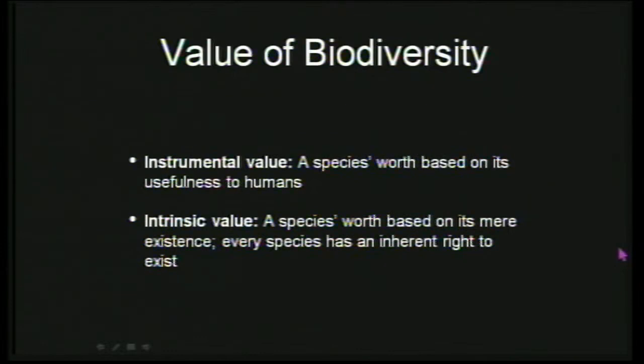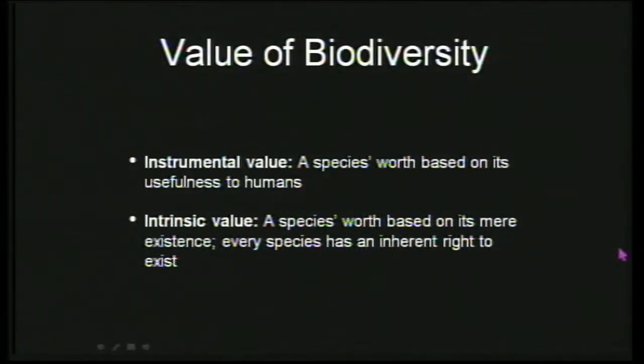Instrumental values are those that we consider useful for humans. Whatever is useful to us human beings, we say that biodiversity provides us instrumental value. Sadly, we're focusing only on the instrumental values. For example, what do I get from this?